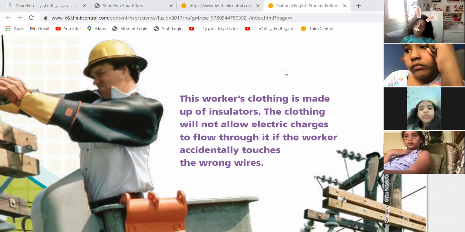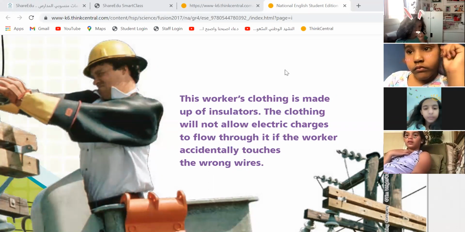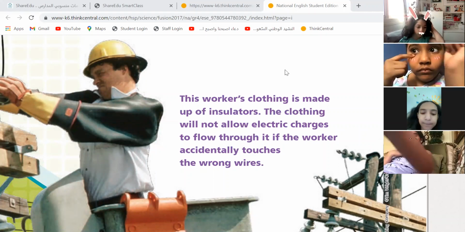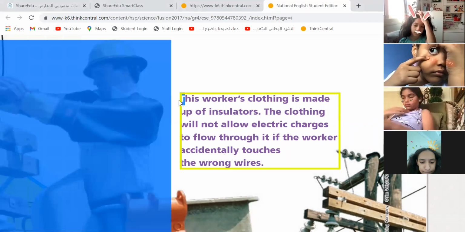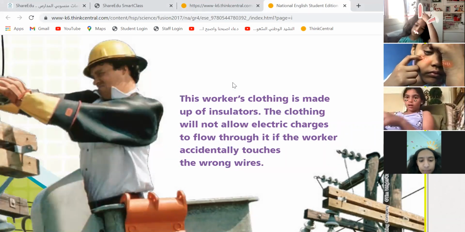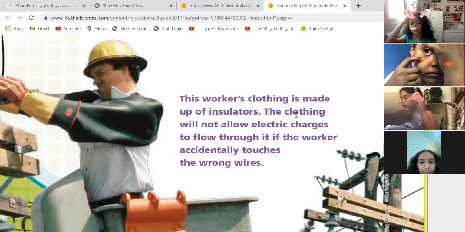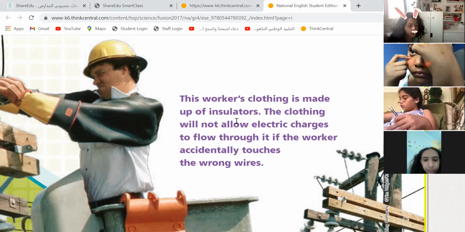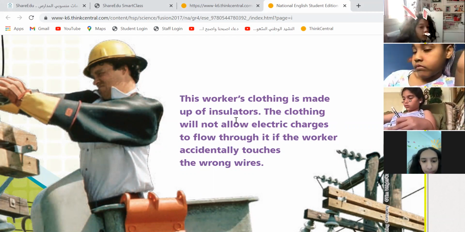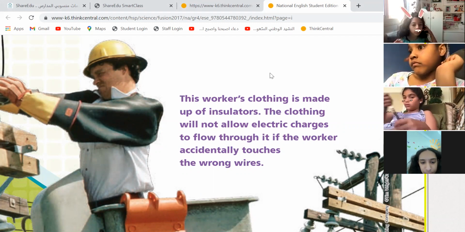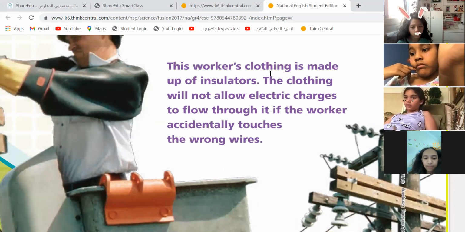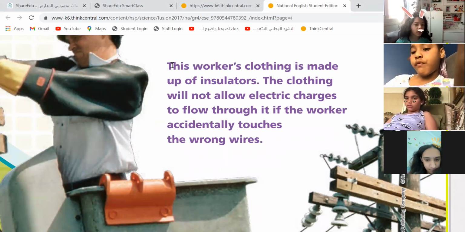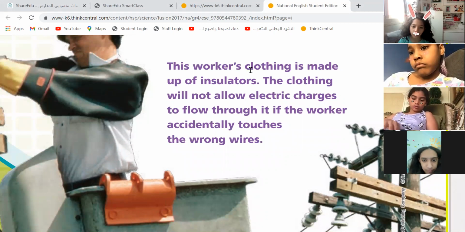Very good. So read for me, Liana. Page what? 502. You cannot see my screen? No, teacher, it's not very clear. Now you can see it from her book.